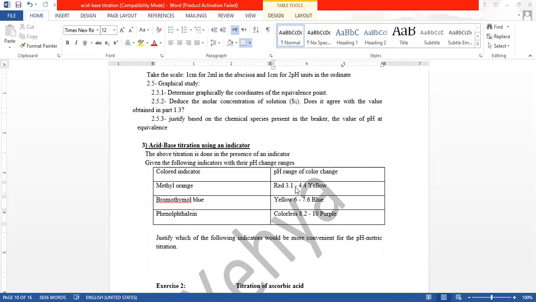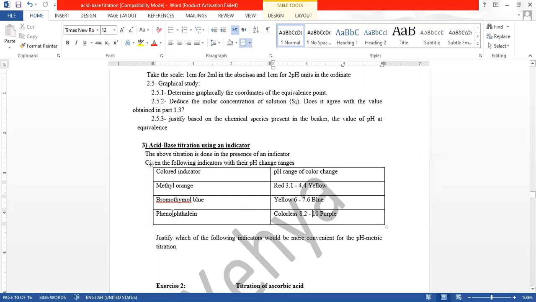In which range is 7 included? Bromothymol blue. 7 is included between 6 and 7.6, not between 3.1 and 4.4 or between 8.2 and 10.